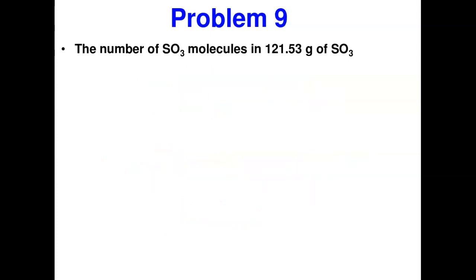It says the number of SO3 molecules in 121 grams of sulfur trioxide. We're still continuing with that series of problems. We want to convert the number of sulfur trioxide molecules in 121 grams. So what are we doing here? We want to convert from grams of SO3 to molecules of SO3.